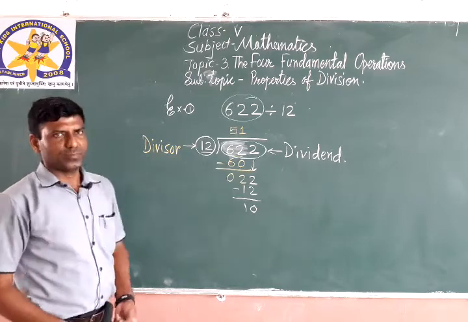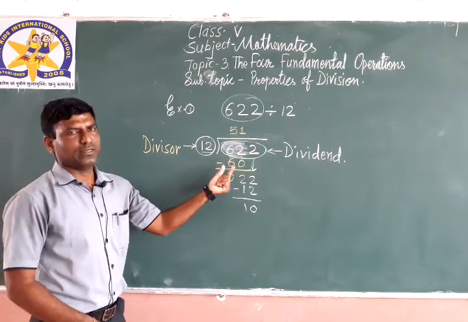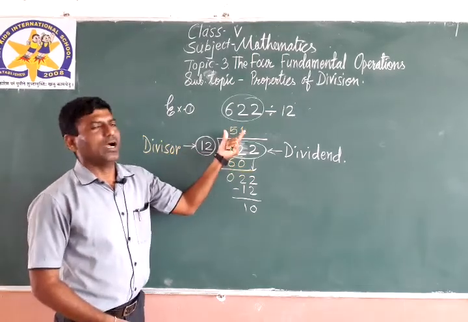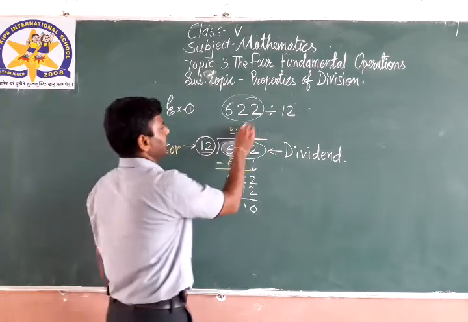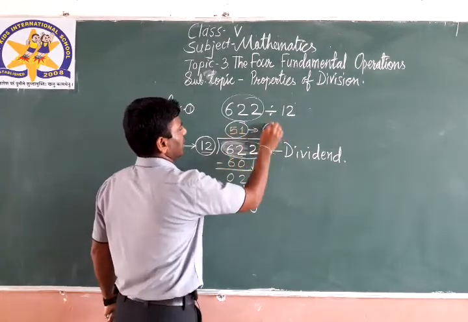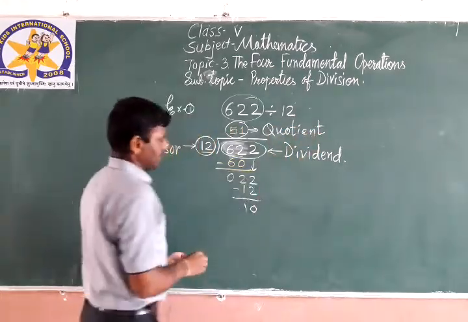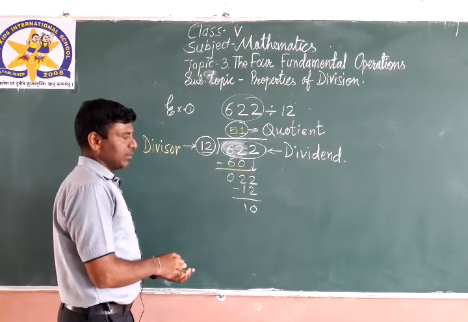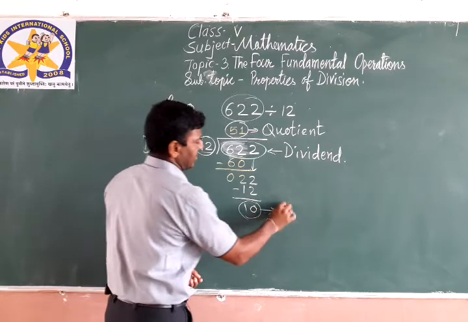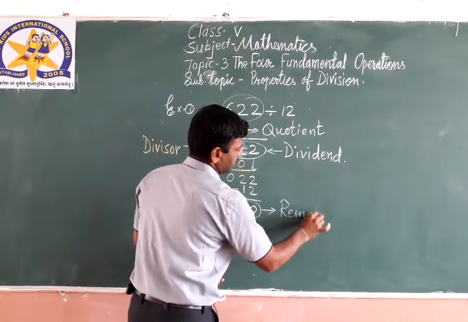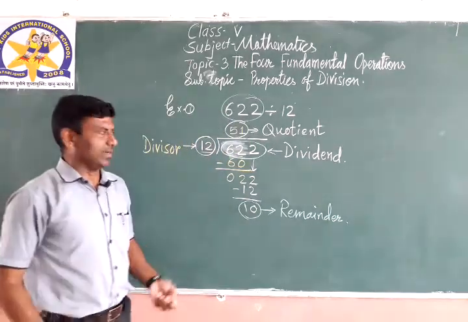D-I-V-I-S-O-R. And by dividing the dividend by divisor, we will get the answer upside, that we call quotient. Learn the spellings, and whichever is downside, we call it remainder. Understand?